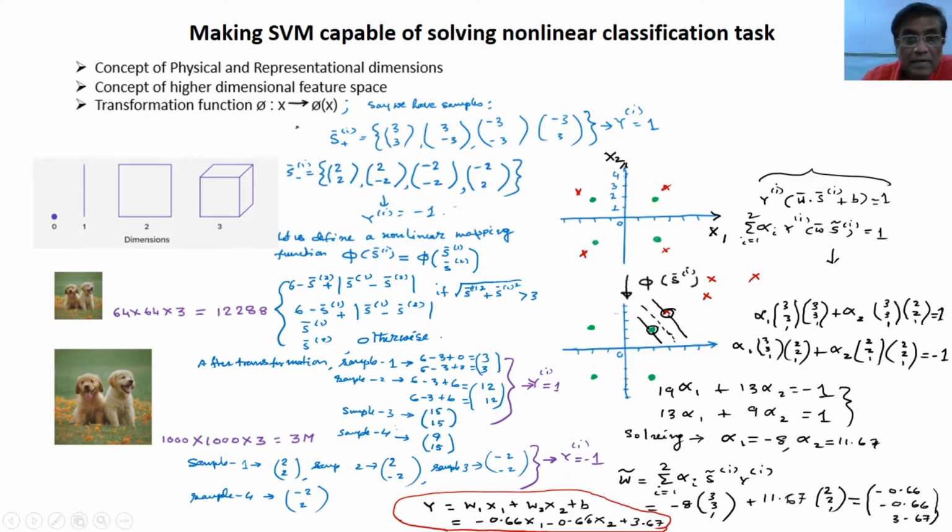Let's see. So these are my two sample sets. I have plotted them and they look like this. This is your negative class, and this and this red one are the positive class.